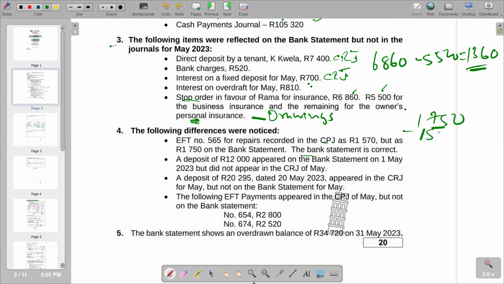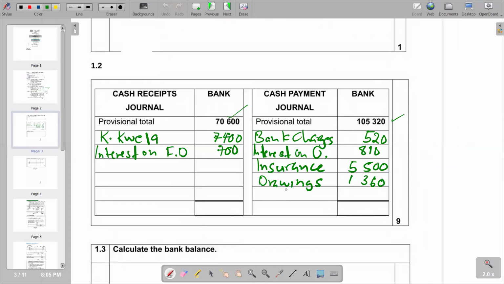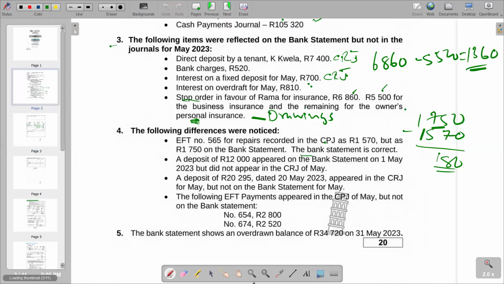If you subtract there, you're going to see that the figure that we are going to get is 180. So 180 is the figure that you're supposed to put under cash payment journal, so that our figure goes with the correct figure. So we go under cash payment journal, and we are saying repairs 180.